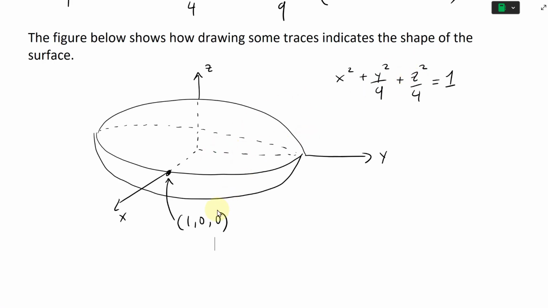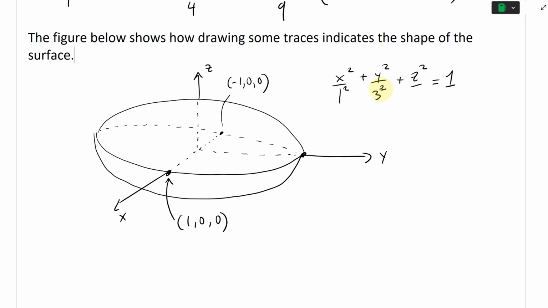And it's not just 1, it's going to be plus or minus 1, because it's the a squared there. It's the 1 squared. So then this at the back side is going to be the negative. So this is going to be (-1, 0, 0). And similarly, at this point right here, this is the 9, so that's going to be 3 squared.